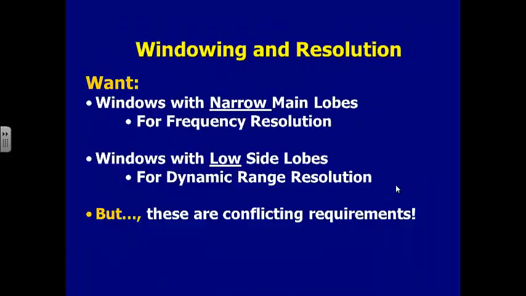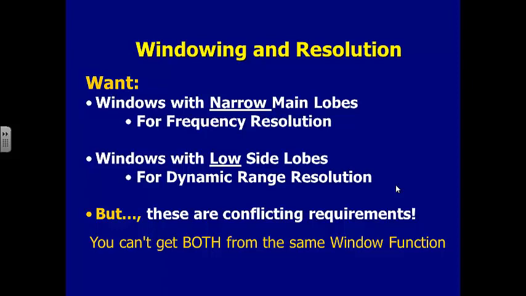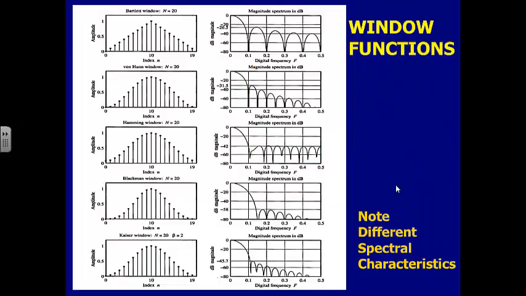Okay? So to fix both of those, you'd like really narrow main lobe windows and really low side lobe windows. Unfortunately, Mother Nature says pick one or the other, you can't have both. They are mutually exclusive. If I put the slide here, the windows that have really low side lobes, like the Blackman window, have a really wide main lobe.